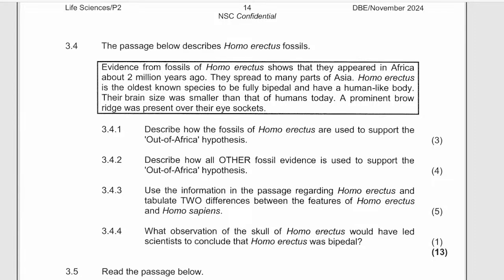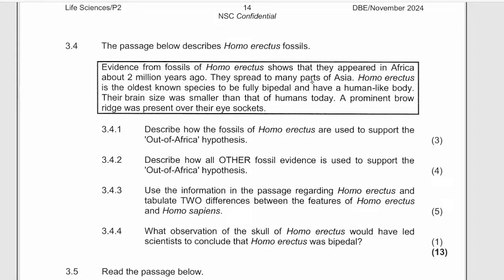All right, let's go to question 3.4. The passage below describes the Homo erectus fossils. Evidence from fossils of Homo erectus show that they appeared in Africa about 2 million years ago.